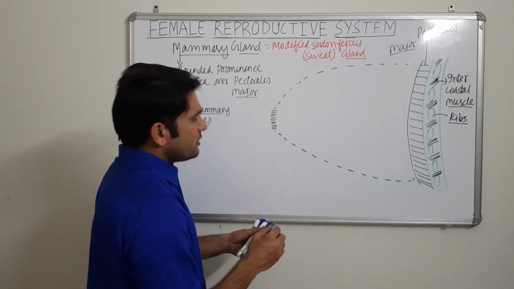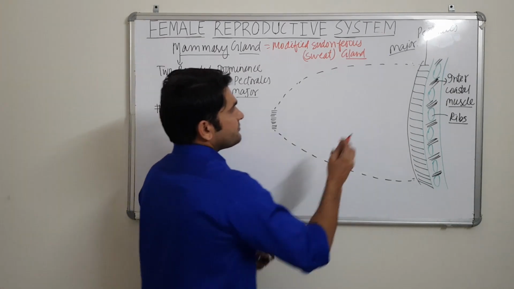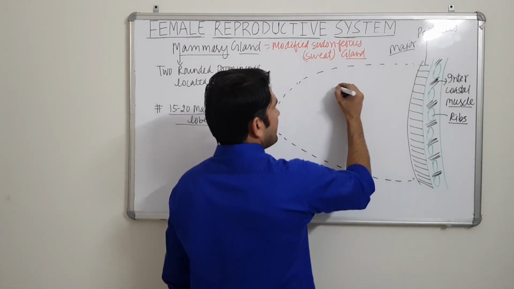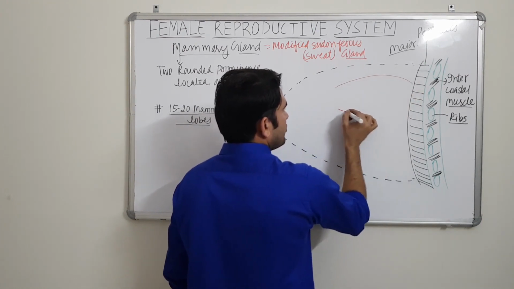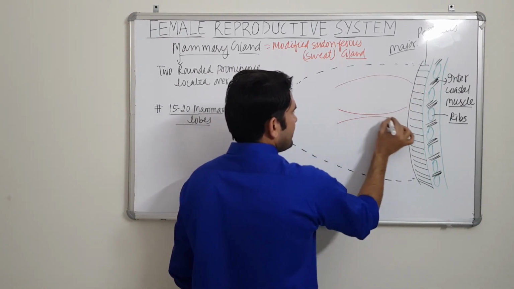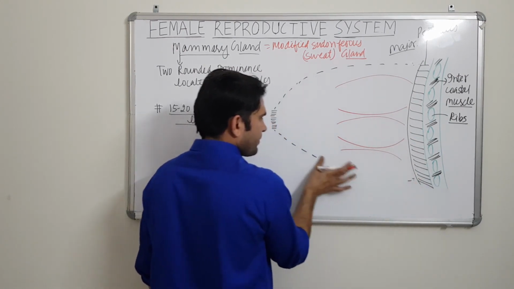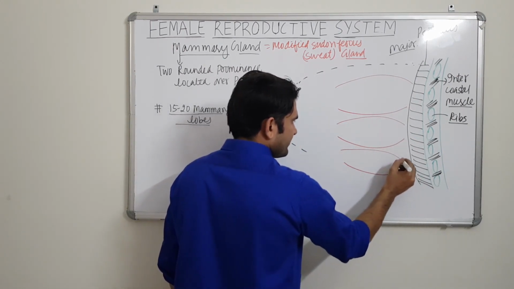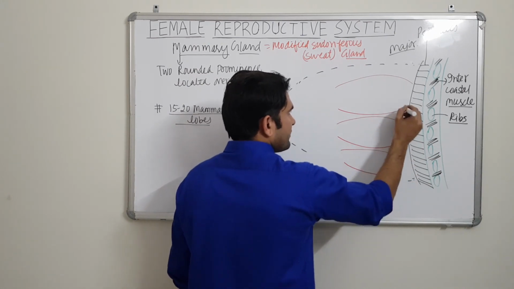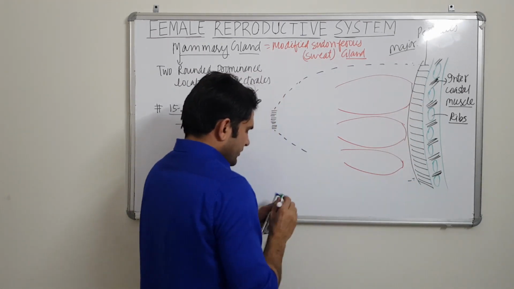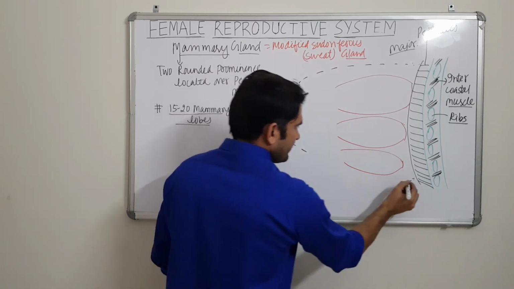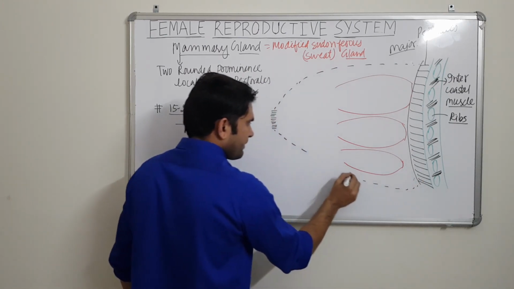Again, I will be making 2-3 mammary lobes here. Let's say this one is a mammary lobe, goes like this. Other mammary lobe goes like this. And that is the third mammary lobe. It goes like this. You got my point? And this here obviously is the outer region.